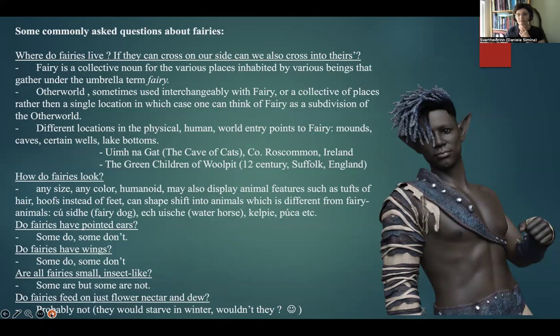I don't think there really is a very clear answer to this. I would suggest, however, the work of Morgan Daimler, Fairy, the Other World by Many Other Names.